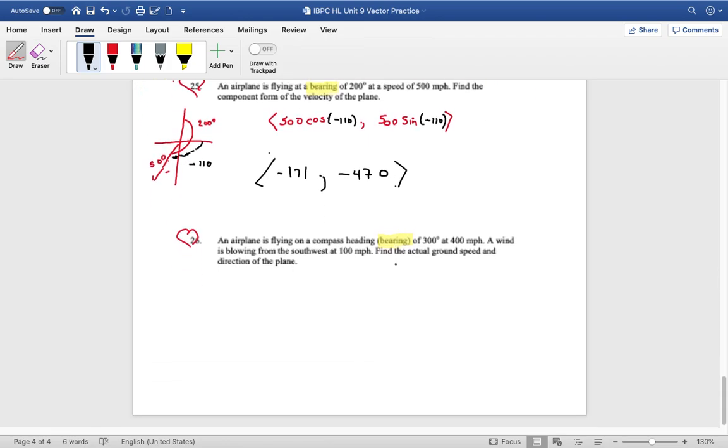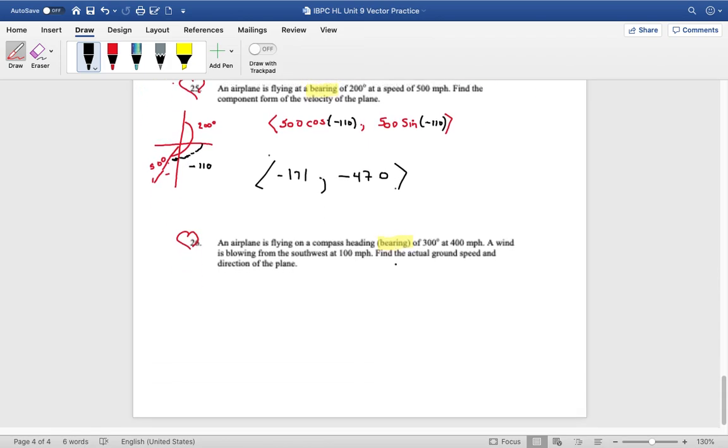Now the next one is a combo, which I think you're used to, right? They're giving you information about both a plane and the wind. So this is my airplane and this is my wind.